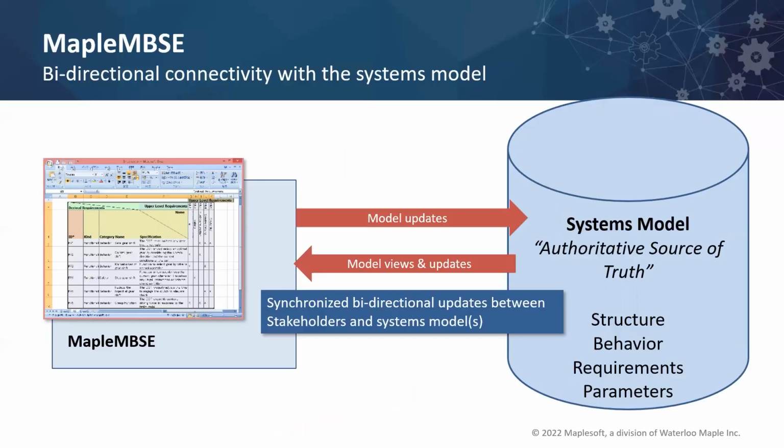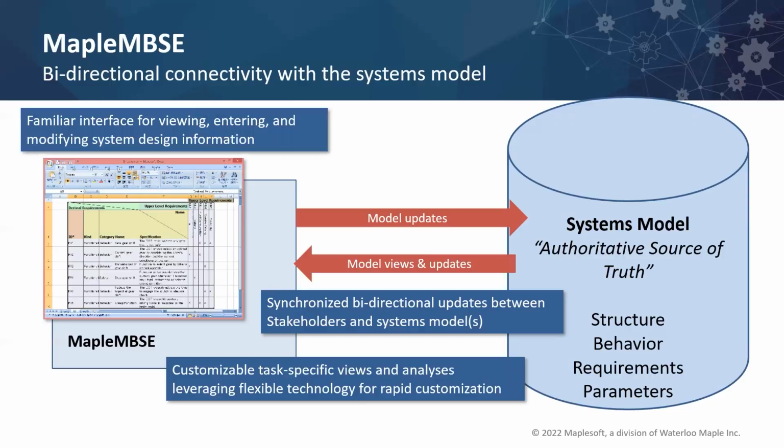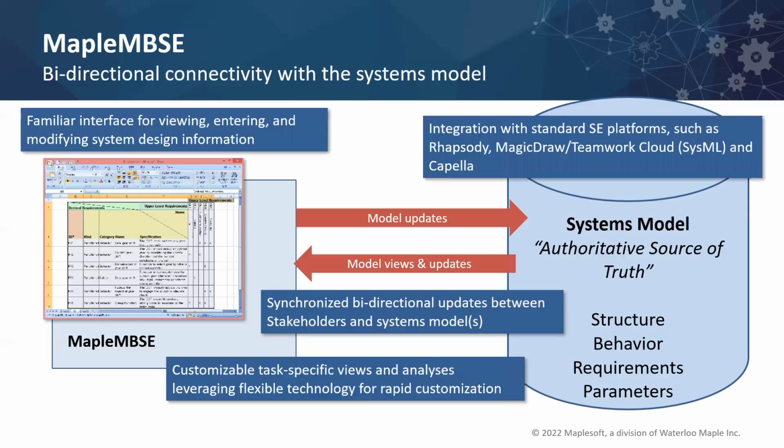It always maintains a bidirectional synchronization between the views that you see in Excel and the system model. Every time the user updates or edits information through Excel, they are interacting with the system model in the background. And we have standard interfaces to different modeling tools like Cameo, Capella, Rhapsody, and so on.